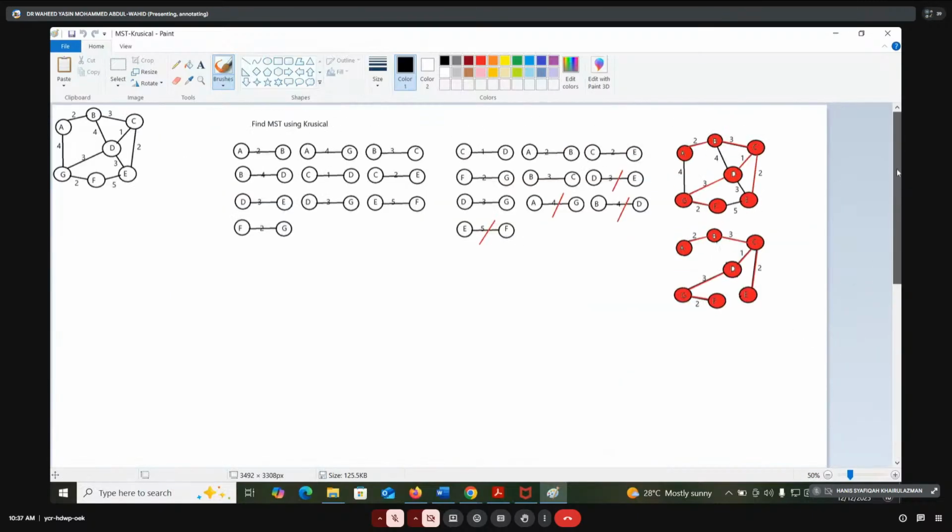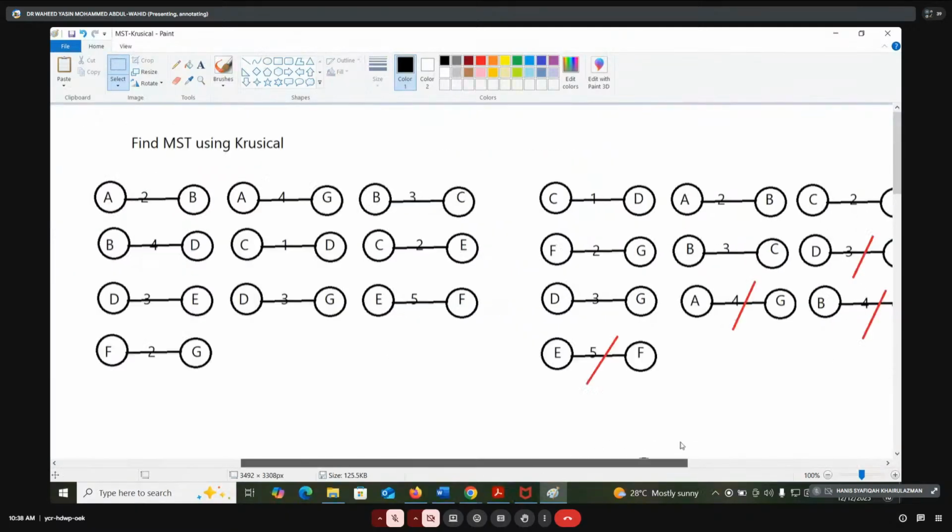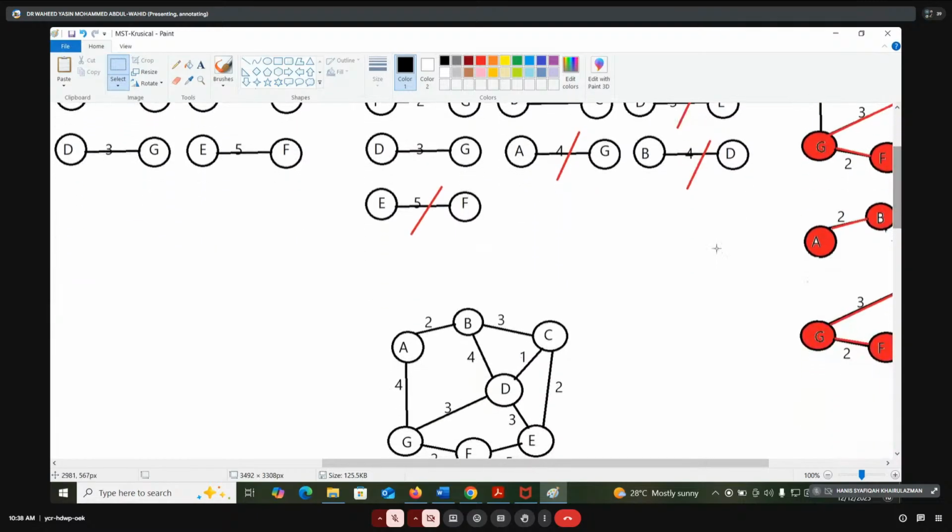Where is the answer? This is the answer, but I want to see how I answer this one. This is the graph.